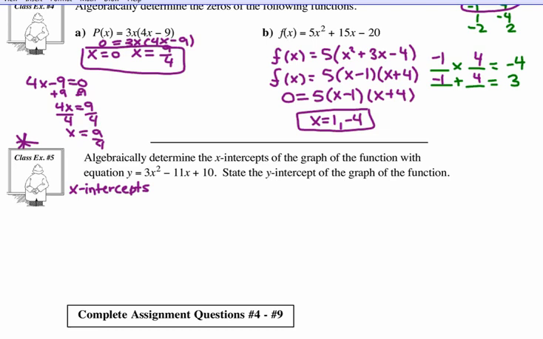The zeros. And whenever we do x-intercepts, zeros or roots, who do we make 0? y becomes 0. We set y to 0. So this becomes 0 equals 3x squared minus 11x plus 10. So x-intercepts, we set y to 0. Okay, quadratic. We have to factor, and it is complex.